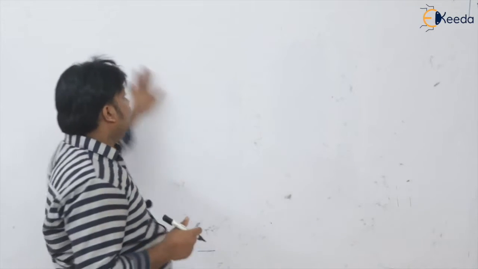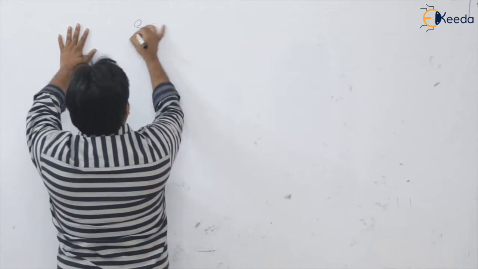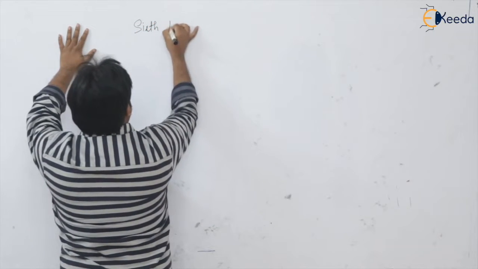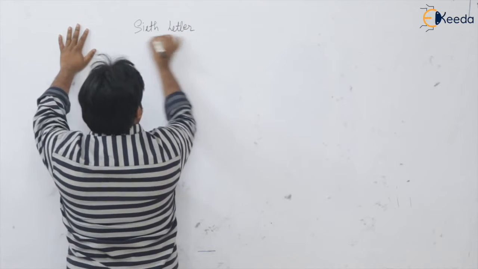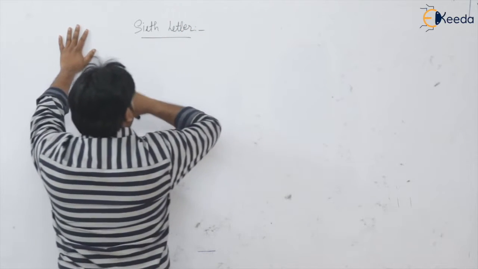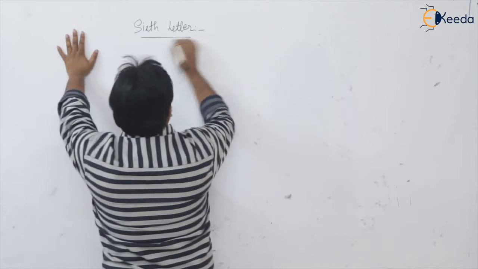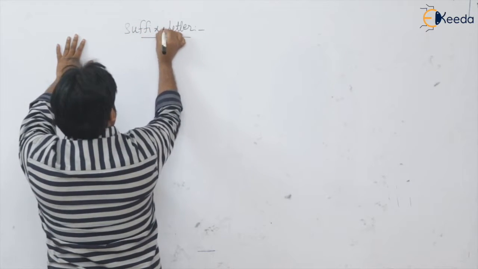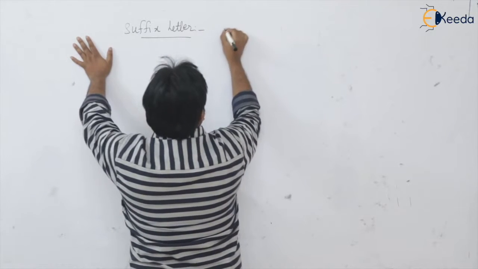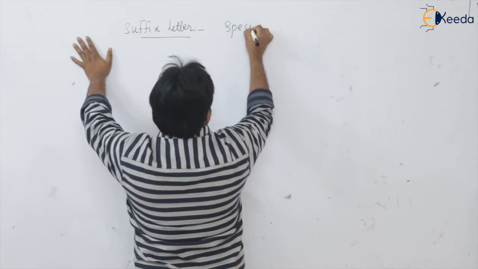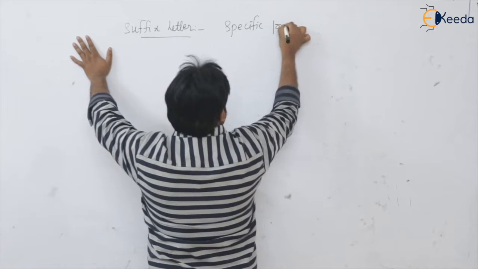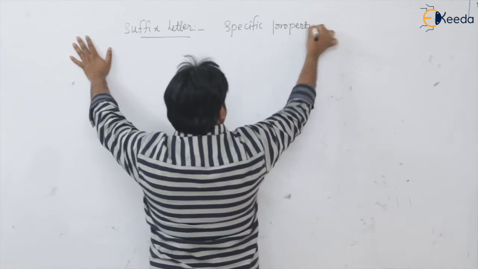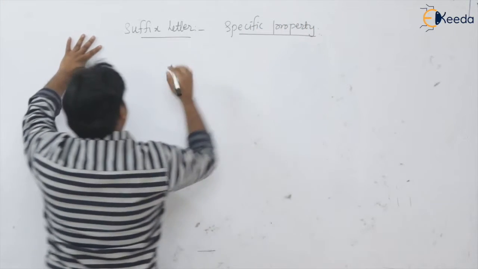Now the last one is the suffix letter. We use a suffix when there is a specific property.